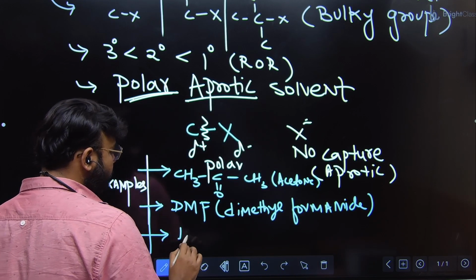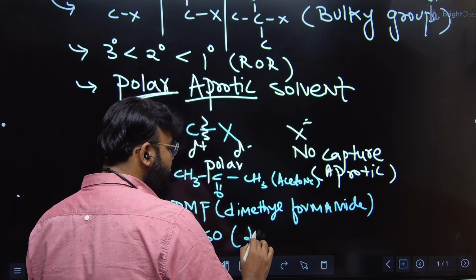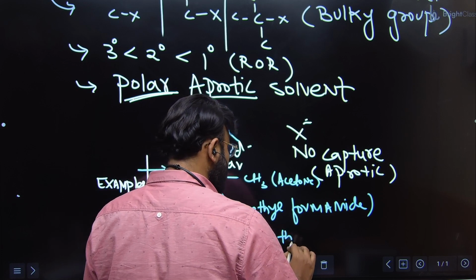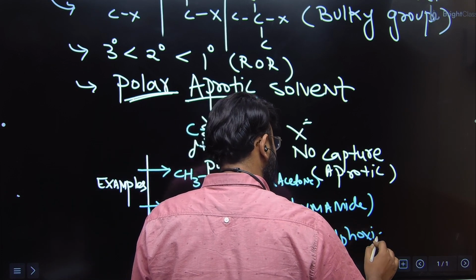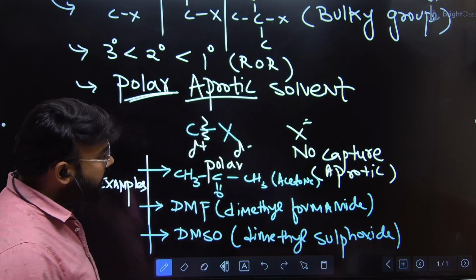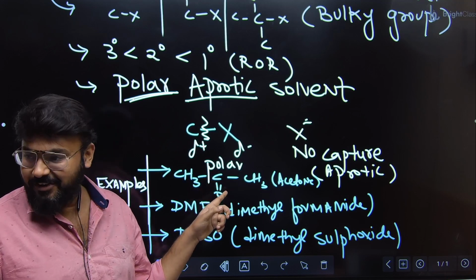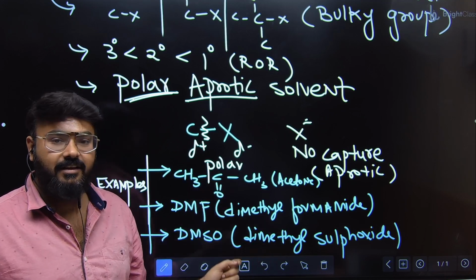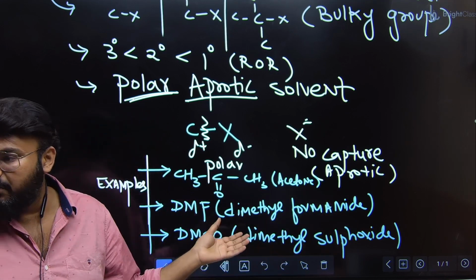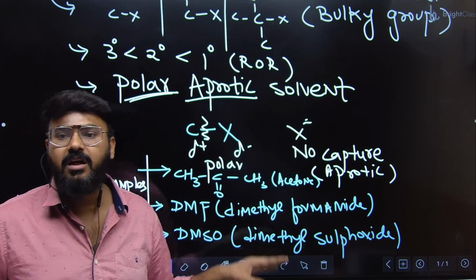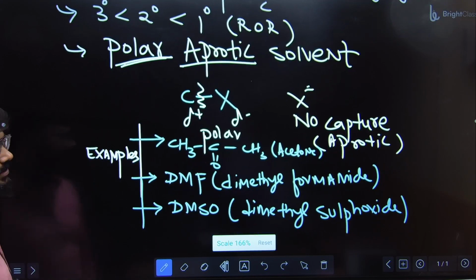And DMSO, dimethyl sulfoxide. Only the names are required here. Still, if you want the structure, just remove this CO, put SO, it becomes sulfoxide. And if I put an amide group here, it becomes dimethyl formamide. But structures are not important. So just remember the names, short form and full form, both. So these are the examples.